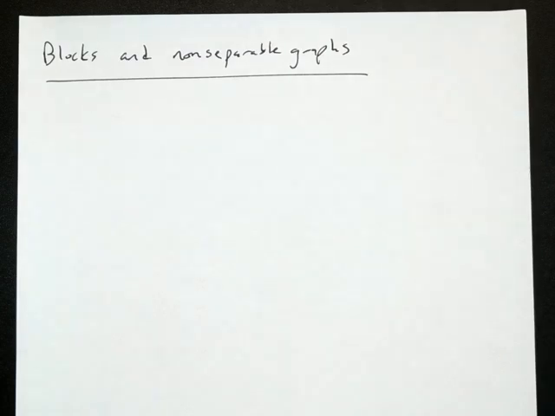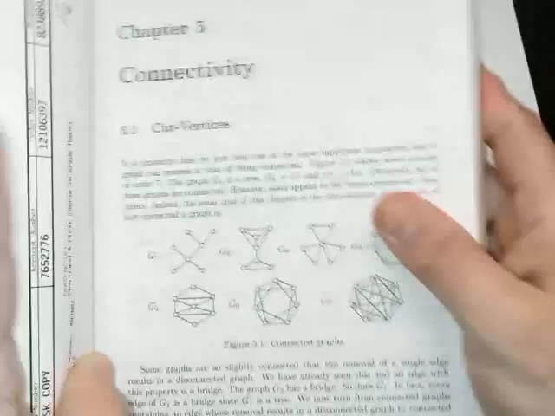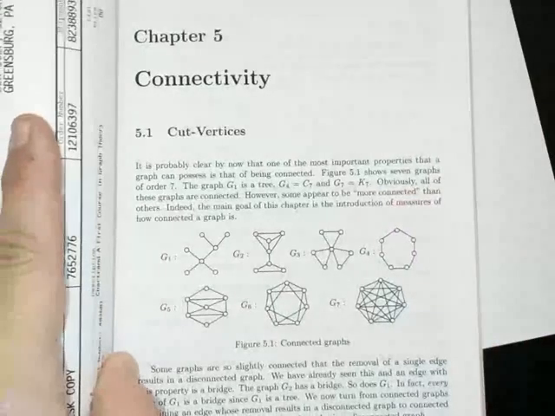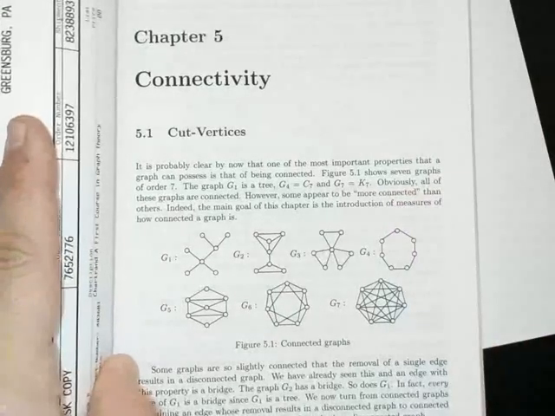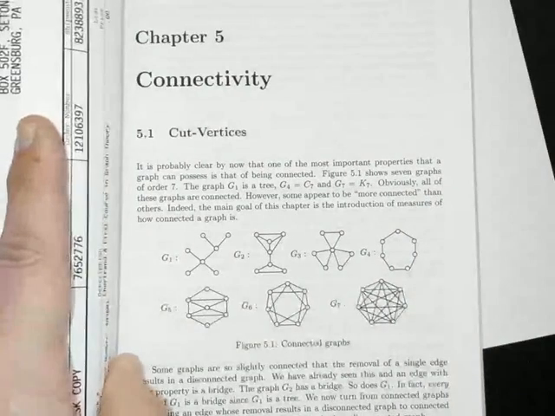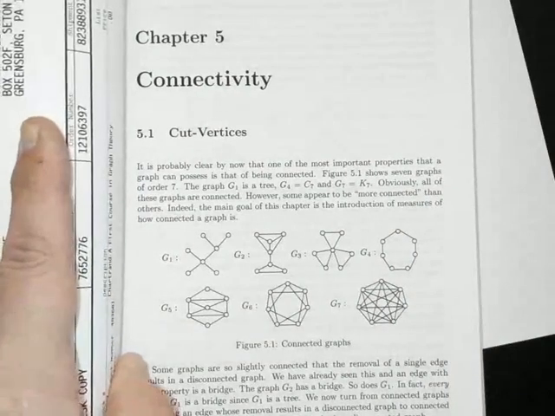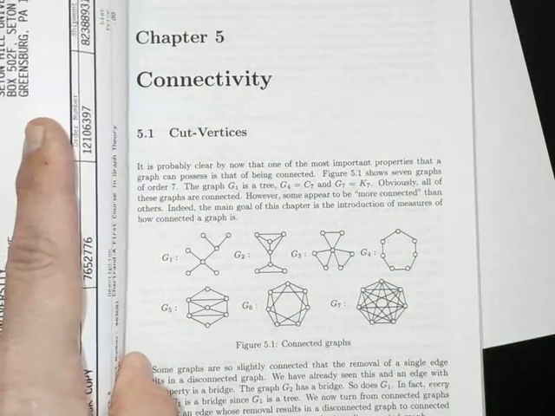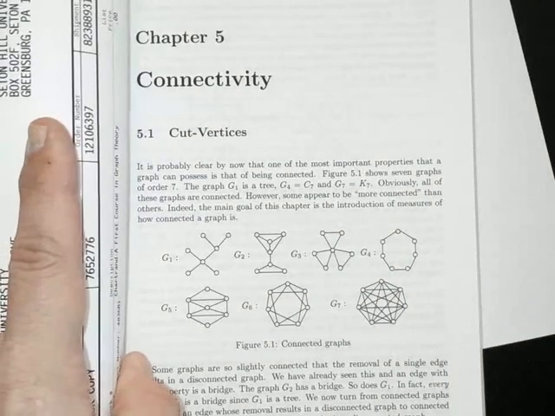Let's change tacks. We had, in our picture from Wednesday, graphs with cut vertices and graphs with bridges. There are bridges in G1 and G2. There's a cut vertex in G3.